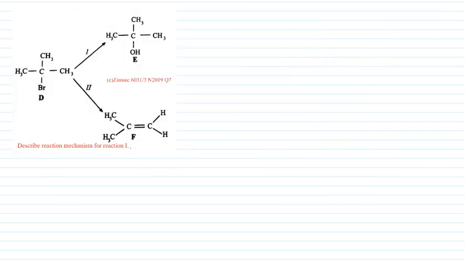Alright, then in this question, describe the reaction mechanism for reaction 1. In this structure, we've got an alkyl group, we also have an alkyl group and another alkyl group. So it means this compound is tertiary. For a tertiary halogenoalkane, it undergoes SN1. So in this case, we are going to write CH3, then Br.